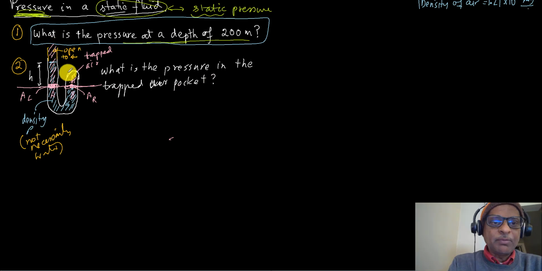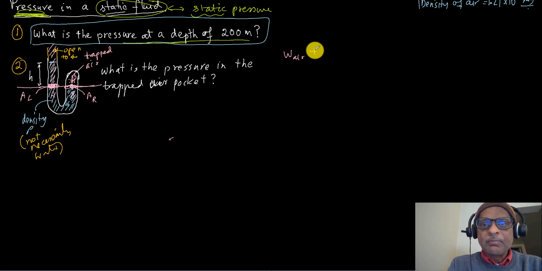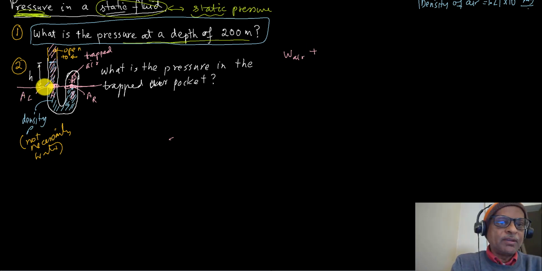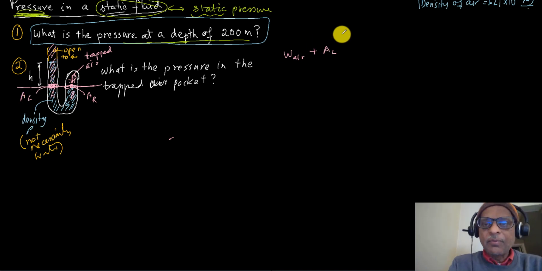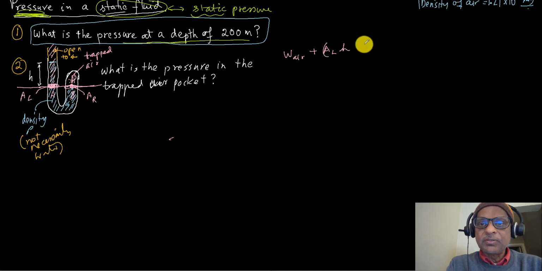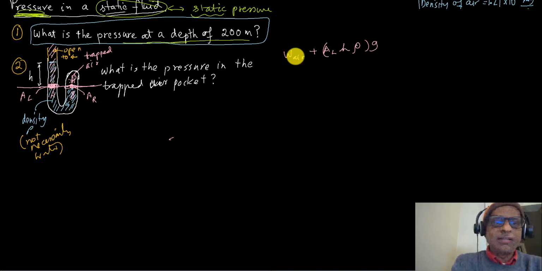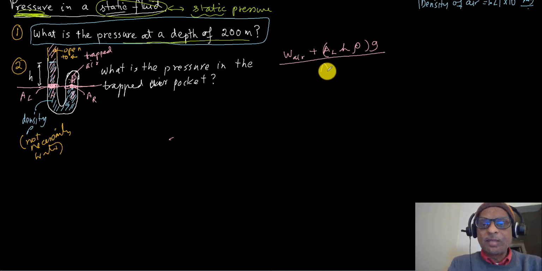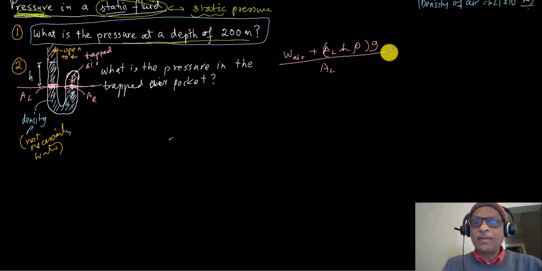So I have weight of air plus AL times H times rho times G on the left side, over area on the left, is equal to, it's just pressure here.